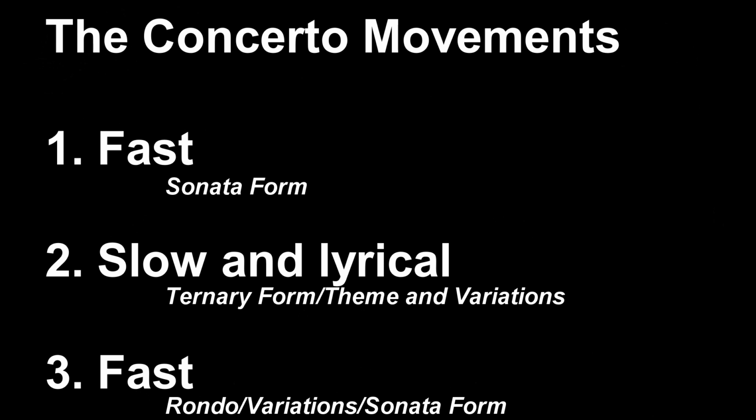The other thing you need to know about, and again, not in a huge amount of detail, is the typical structures that were used. So the first movement of a concerto almost always was in sonata form. And sonata form, we looked at that when we looked at structures in a previous video, sonata form is basically ternary form. So you've got a section, then a contrasting section in the middle, and then the opening section returns.